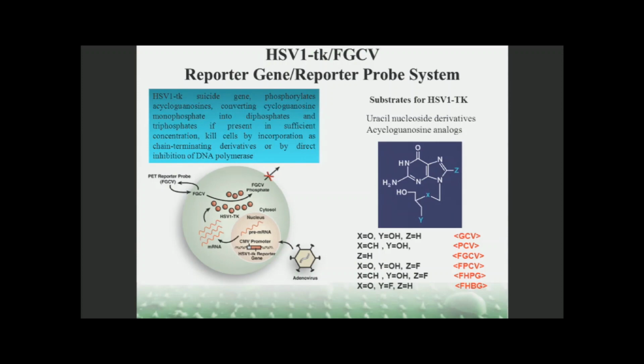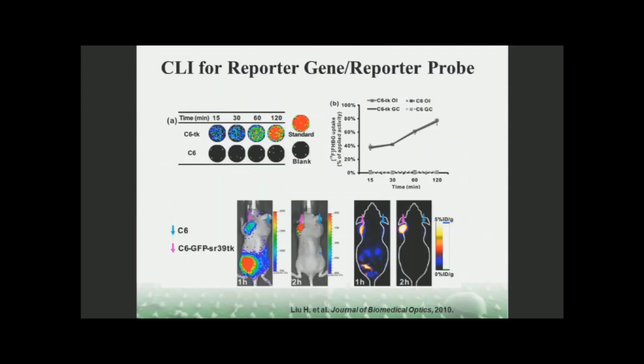And you can also use Cerenkov imaging to study a reporter gene reporter probe system. Like here, this is the conventional reporter gene reporter probe system, the HSV1-tk, and then you use FHBG or some radiolabeled ganciclovir for in vivo imaging. For this FHBG system, like here the C6 TK, you use FHBG to incubate with the transfected cells, and they show very high uptake.